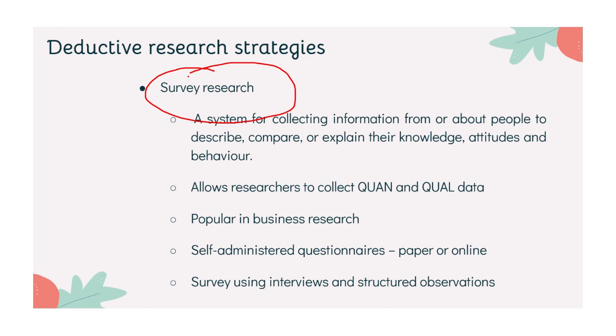As such, survey research becomes much more appropriate, because it's a system that allows you to collect information from and about people to describe, compare, and explain their attitude, knowledge, and behavior. This is really popular, especially in our field of research, because this is what we are studying. We are studying human behavior, and we want to look at the data that we collect in this field.